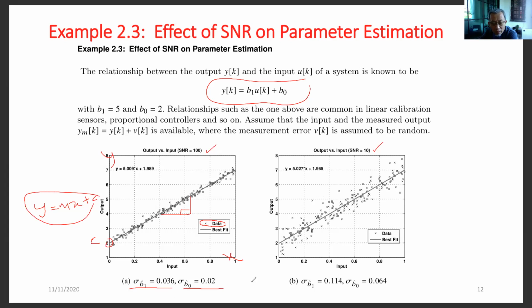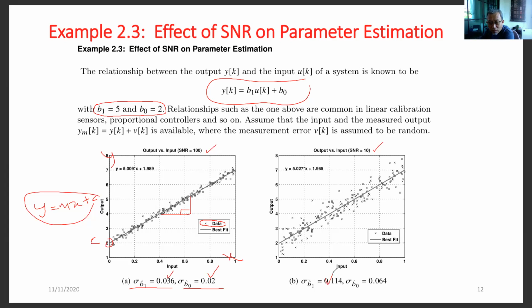So in this case, we go back to the statistics, where we look at the coefficients B1 and B0. It is given here: B1 equal to 5 and B0 equal to 2. For SNR equal to 100, the standard deviation is 0.036 for B1 and 0.02 for B0. On the right, where SNR is equal to 10, you can see that the standard deviation is getting bigger compared to the left one.